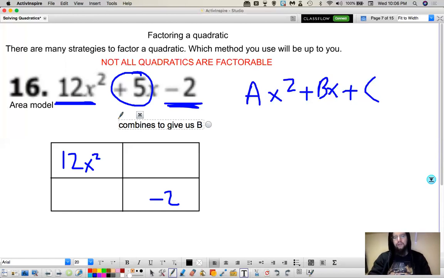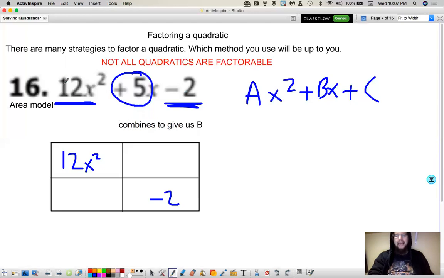I mean, 1 minus 4 is 5, but I can pick all kind of things and combine and get 5, right? So what's special? What do I have to do? AC. We got to look at A times C.